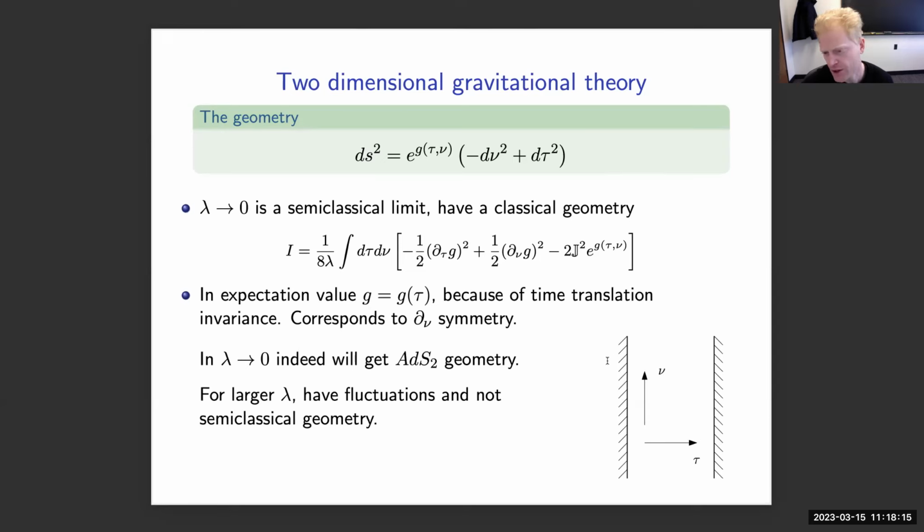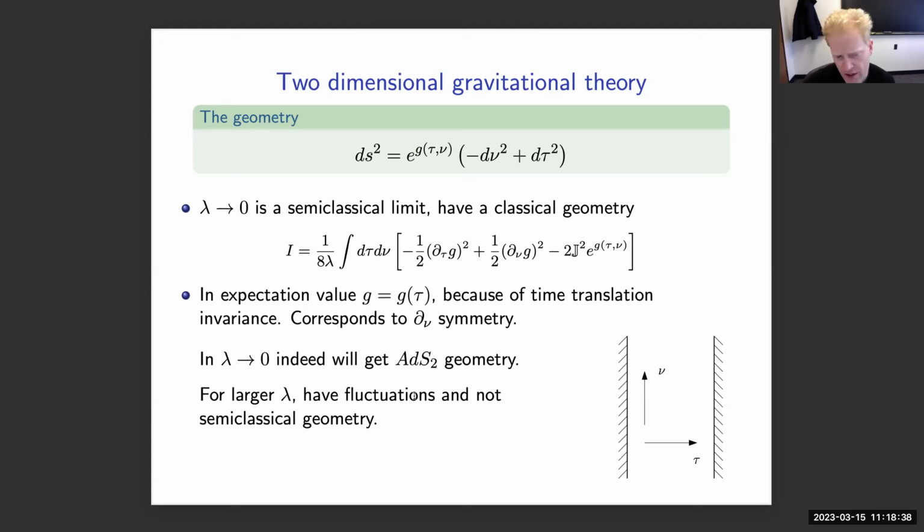Then we will have translations: the time translation on the boundary will translate into time translations in this 2D geometry. And here I draw it as a strip because we'll see that lambda going to 0 in this construction gives us just AdS, two-dimensional AdS.